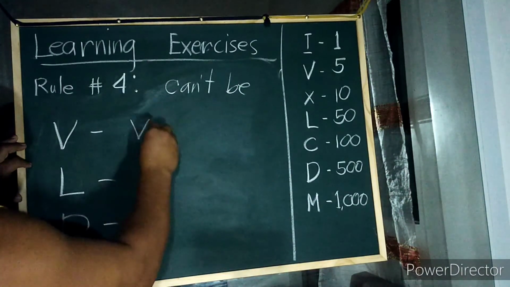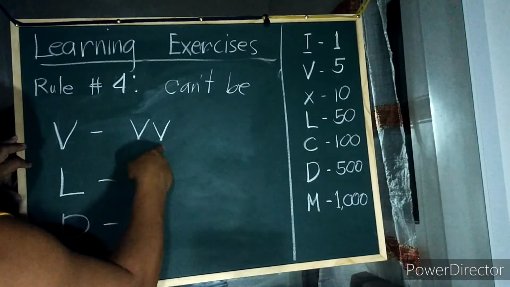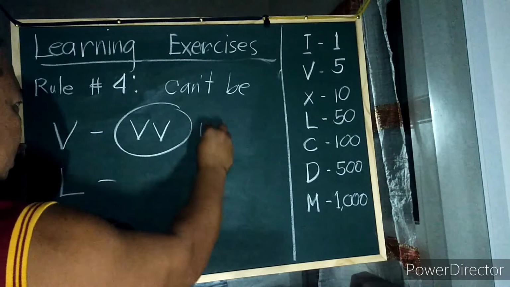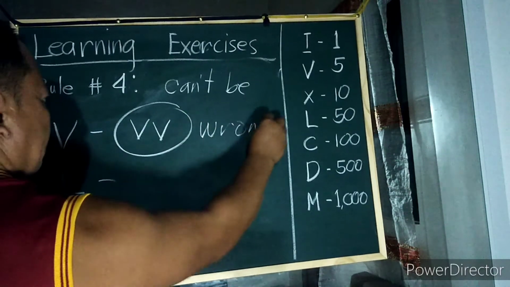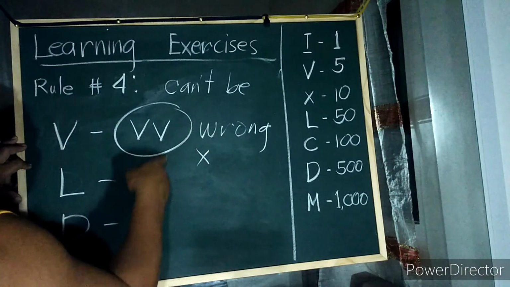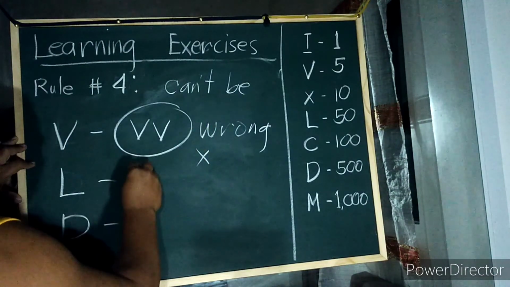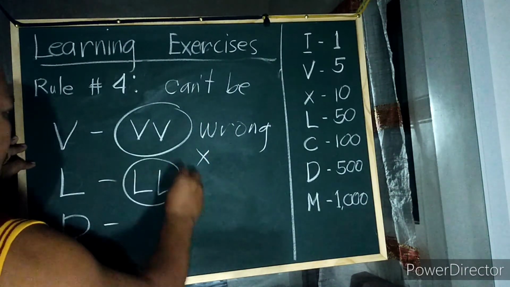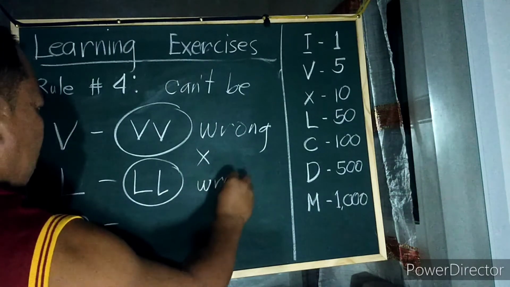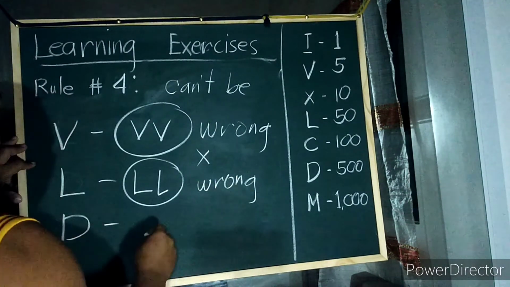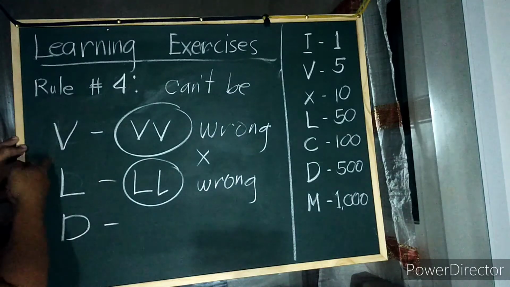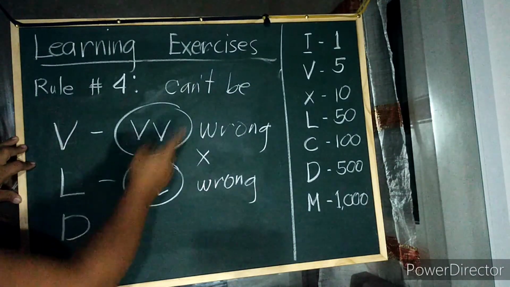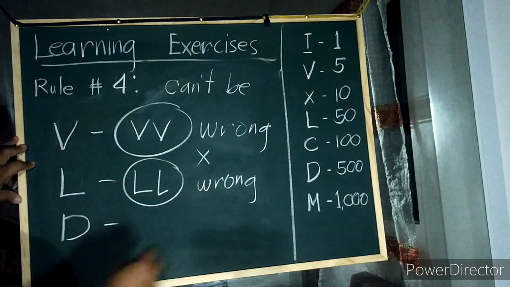Examples: V, double V. So this is wrong. You can't do that according to the rule. This is wrong as well. Again, the letters V, L, and D cannot be written in succession.